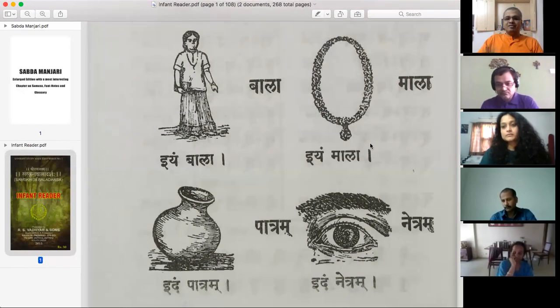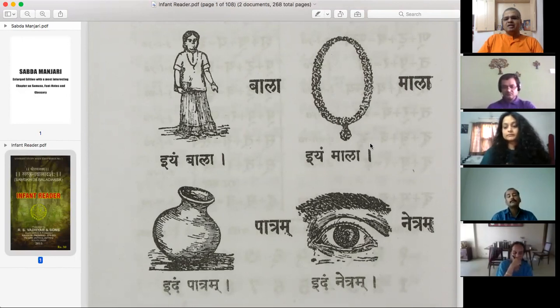People who are from the Hindi area may understand it better, because in Hindi also, because it is derived from Sanskrit, you have some words which are masculine or feminine, but actually neuter in English.